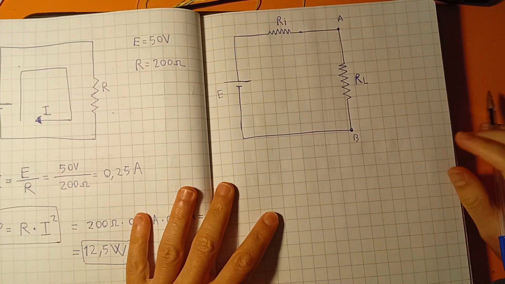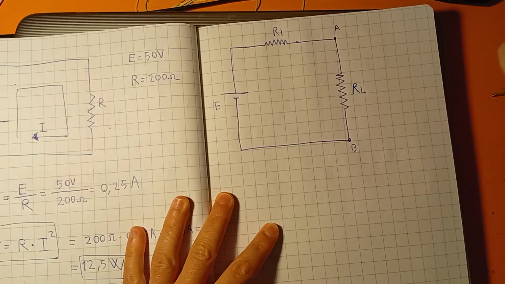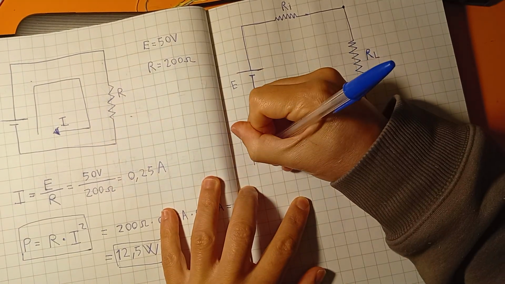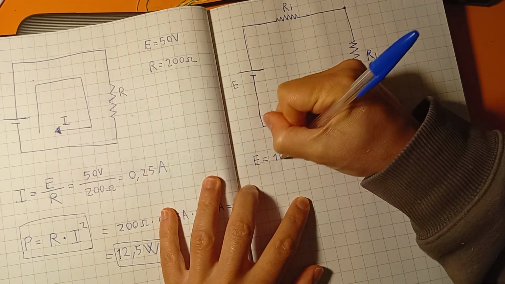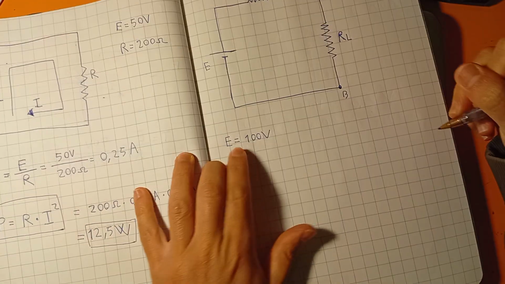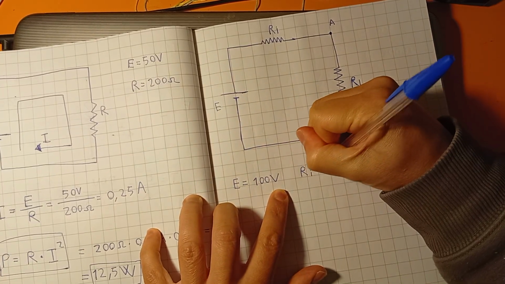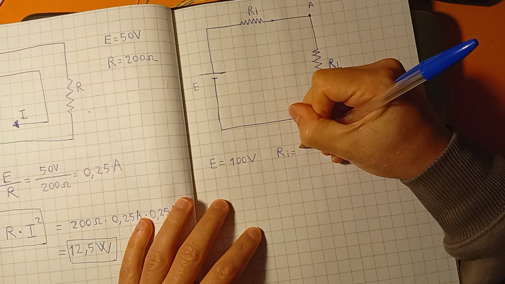Okay, now let's give this thing some random values. Let's say that the voltage source is equal to 100 volt. Then the internal resistance has like, I don't know, 400 or 500.